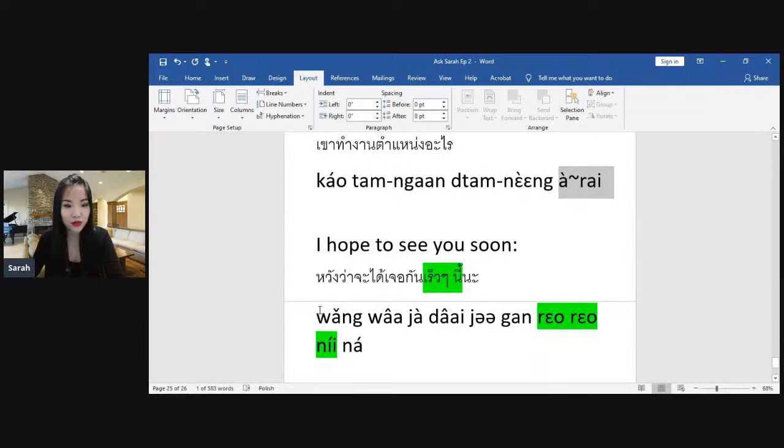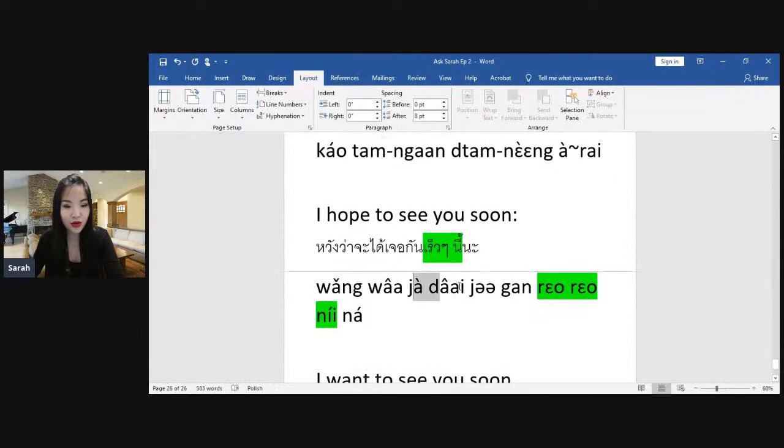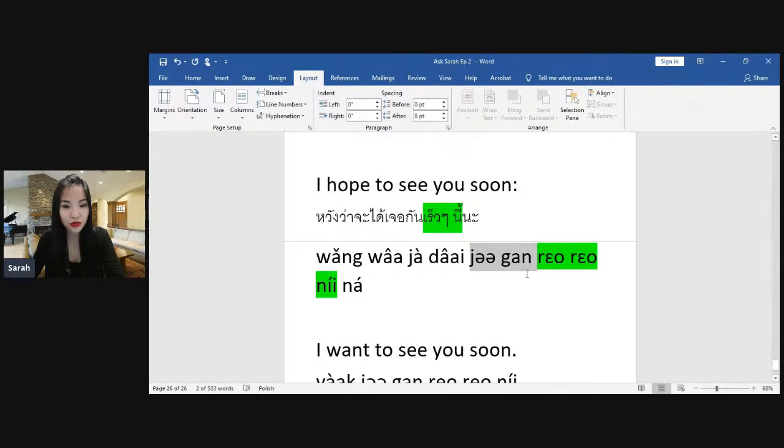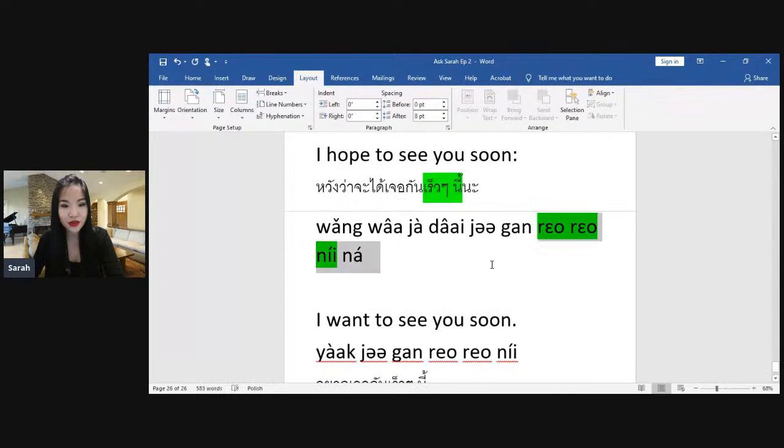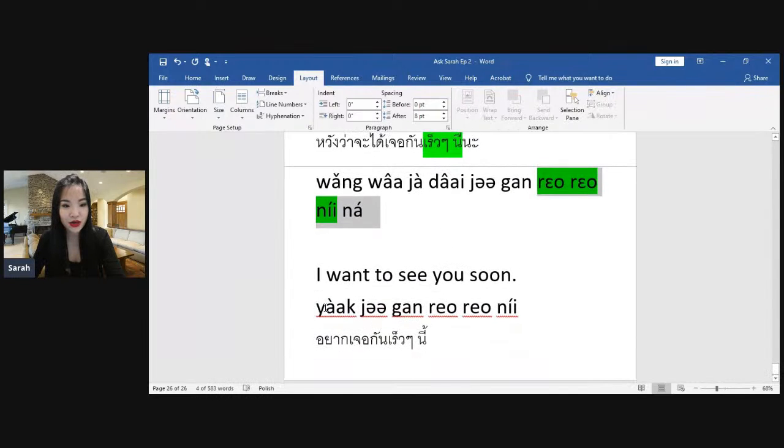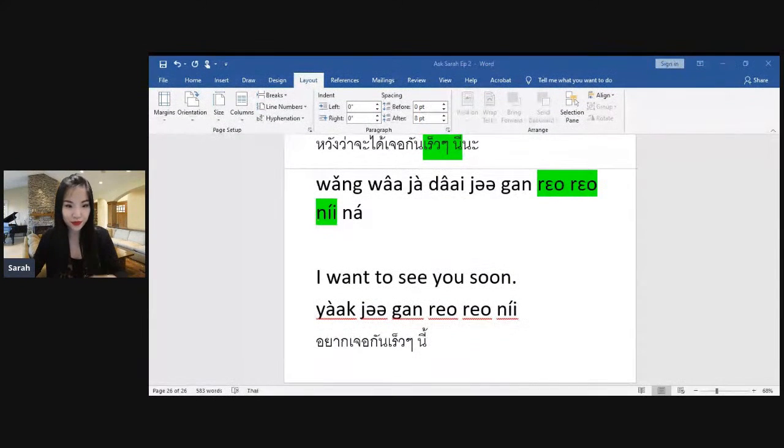I hope to see you soon. หวังว่า hope that, จะได้ get to, เจอกัน see each other, เร็วๆนี้ soon. Or อยากเจอกันเร็วๆนี้, I want to see you soon. Sorry, I forgot to share the screen.